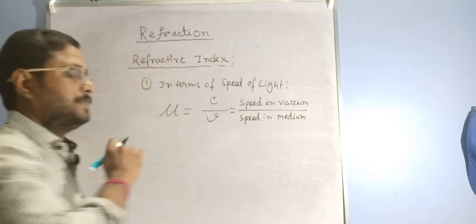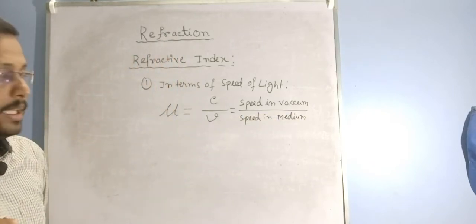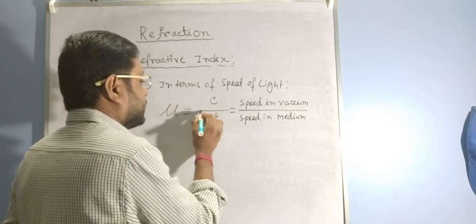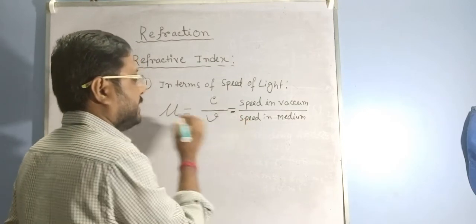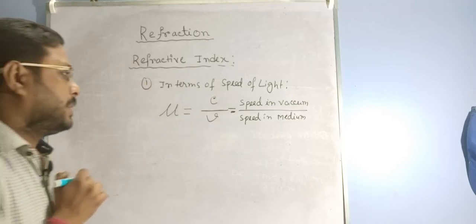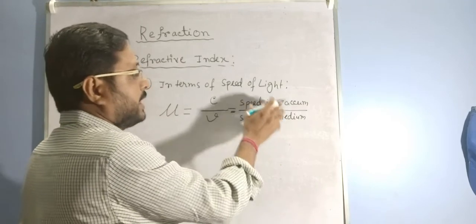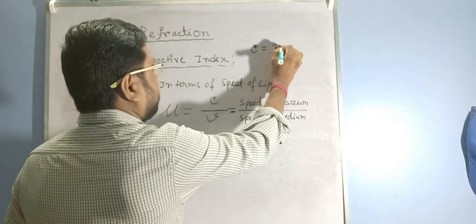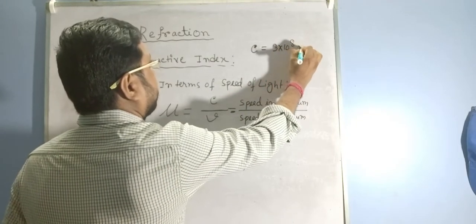Take any medium like glass, water, any medium. So mu is written as c by v, the speed of light in vacuum over the speed of light in the medium. We can remember that the velocity of light in vacuum is 3 into 10 to the power 8 meters per second.